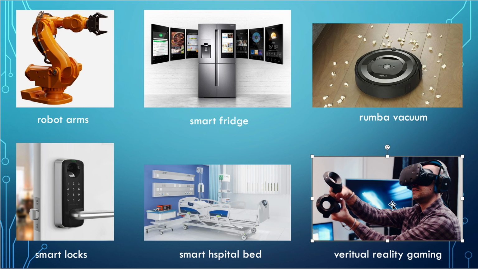Let's look at it little by little. If you look at this picture, you can see the person is holding two controllers in his hand, right? These controllers have an immense number of sensors, right? For example, it should have an accelerometer to understand the movement. It should have a gyroscope to understand the position. It should be touch sensitive to take in the input of the person.